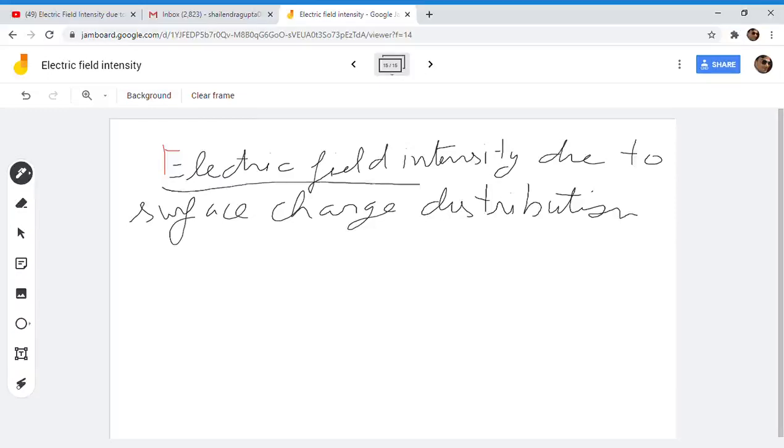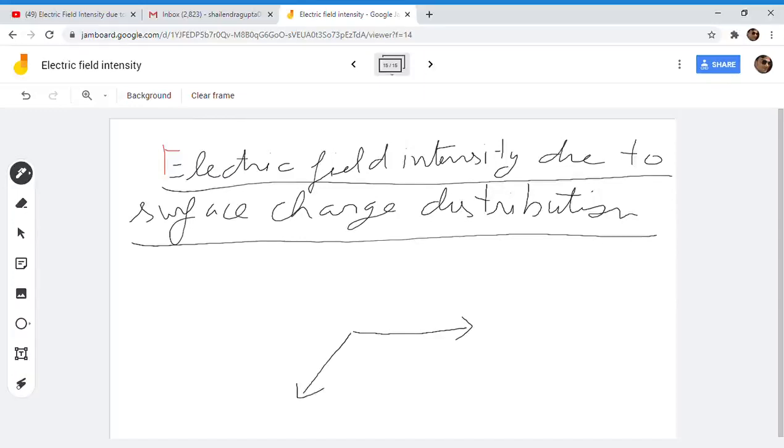Okay, so here we can come to the figure. Let us say this is the x axis, y axis, z axis, and let us say the surface is on the xy plane.